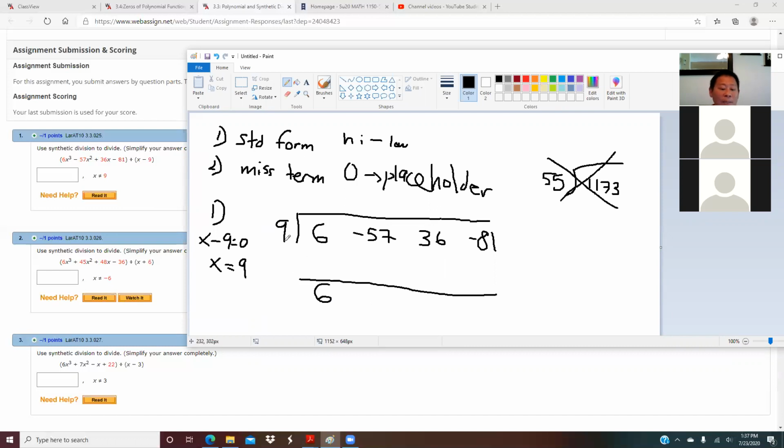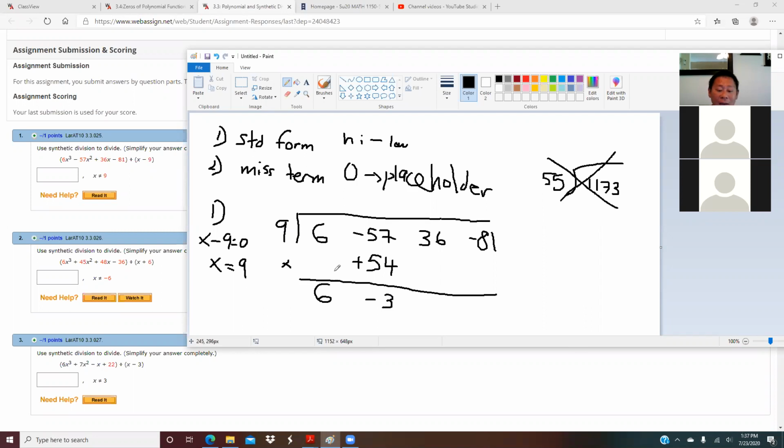And then you multiply the 6 and the 9, and you put that number over here. So 6 times 9 is 54. Okay. And then once you finish, you add. Always add, not subtract, always add. So negative 57 plus 54 is negative 3. And then you repeat the same.